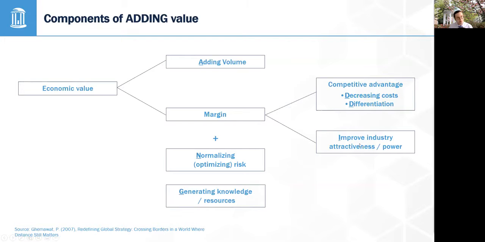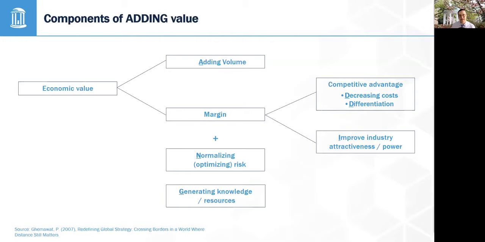This third lever for increasing margin is about industry attractiveness, and specifically improving industry attractiveness. This is talking about two different things. Most often, this is talking about increasing industry concentration at the level of analysis where that increasing concentration will reduce competition.